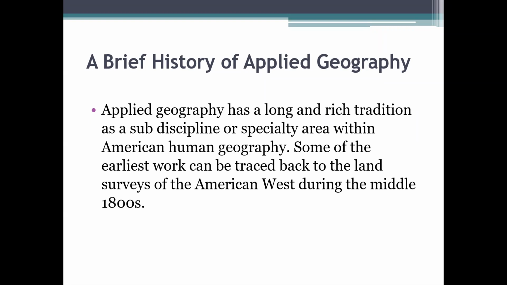Therefore, they created the subdiscipline of applied geography. Some of the earliest work can be traced back to the land surveys of the American West during the middle 1800s, but actually the knowledge and application of applied geography goes further into the past.